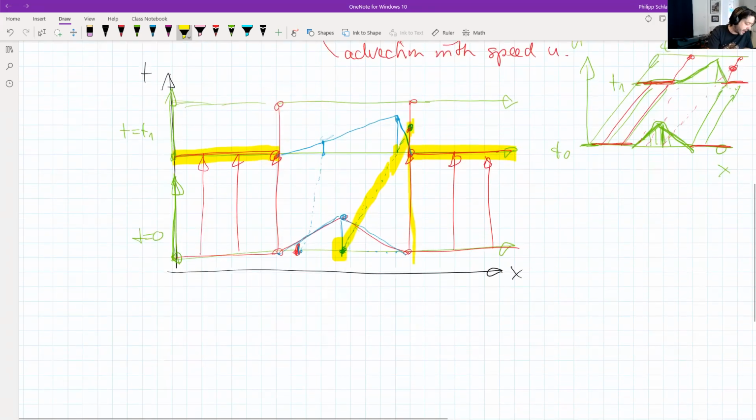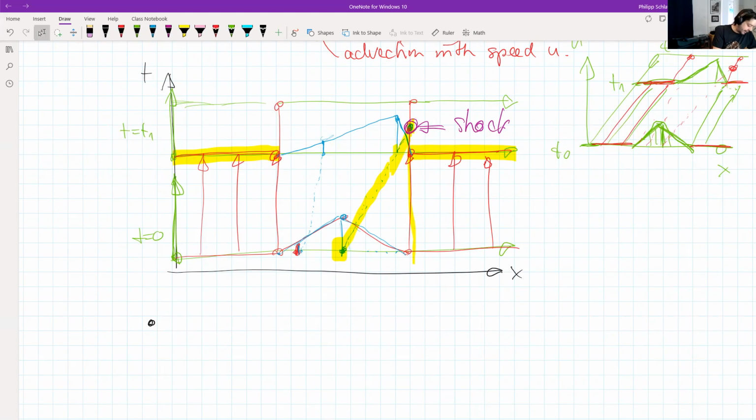So what actually happens here is that I get something that is called a shock. Two solutions collide with each other, and that means that I need to find a different way of creating the solution to my problem. So this is called a shock, and that will cause a discontinuity in the problem. Let's just write that down.